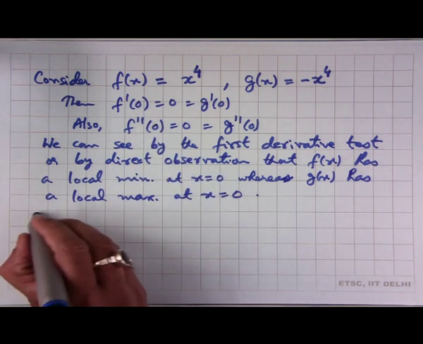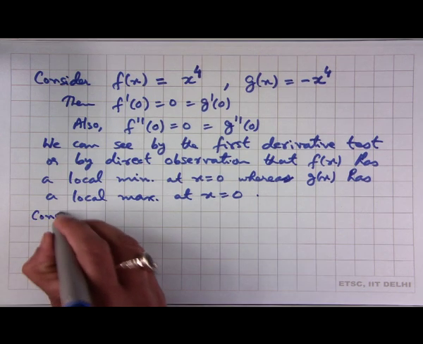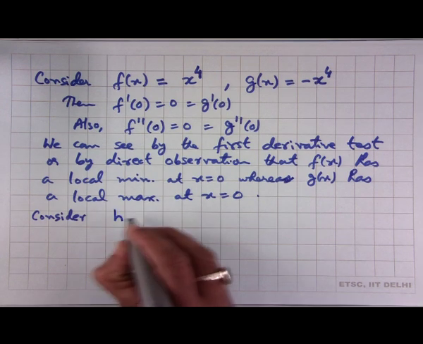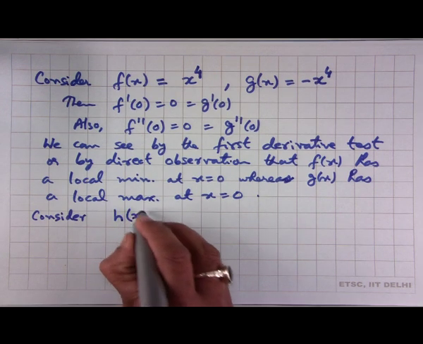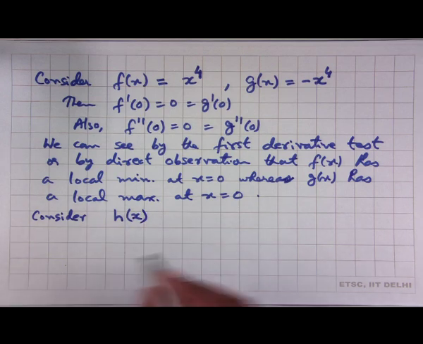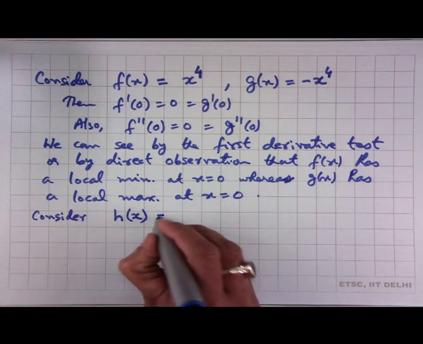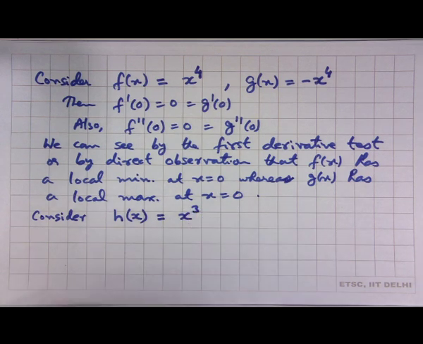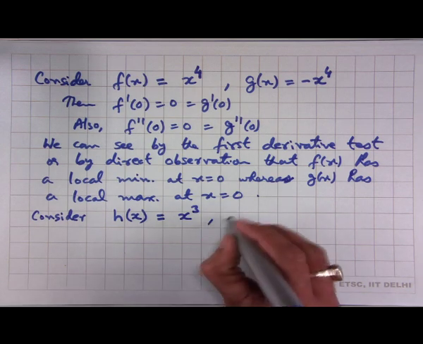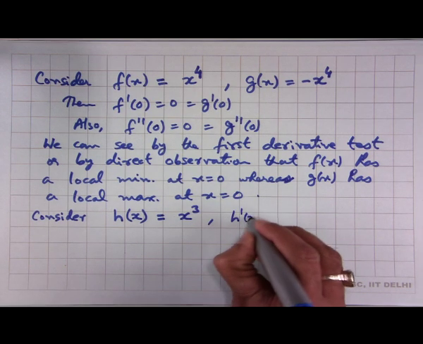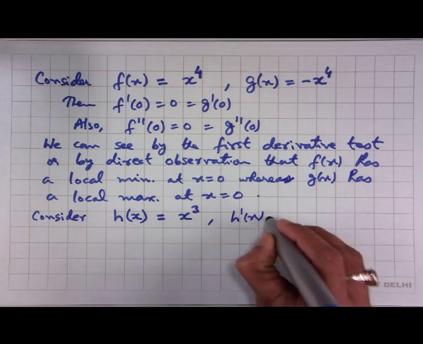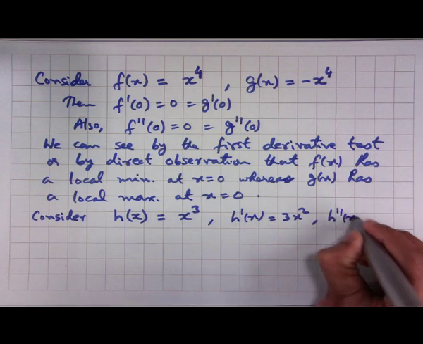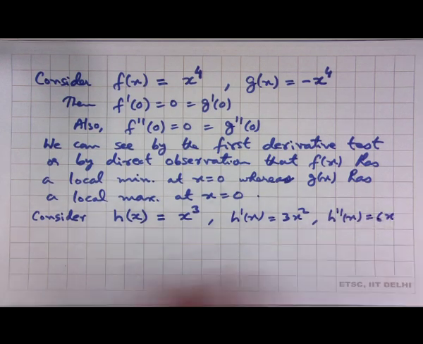If we consider say h of x equal to x cube, then we see that h prime x is 3x square, h double prime x is equal to 6x.